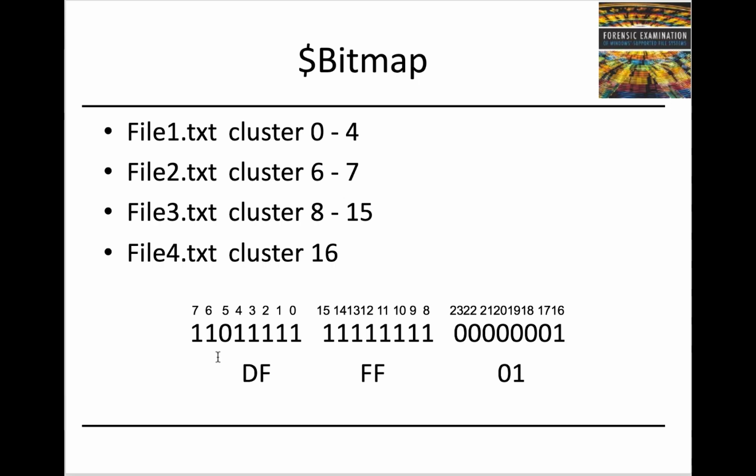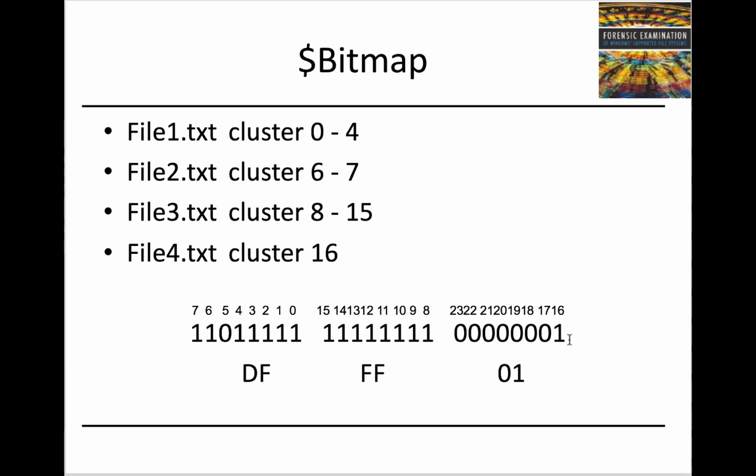So if we look at these, we can figure out what the hex code will be displayed. So this first one, if we look at the nibbles, it would be 8 plus 4 plus 1 is 13, that's a D. And then 8 plus 4 plus 2 plus 1 is 15, that's an F. And here we've got, again, all 1s, so it's FF.